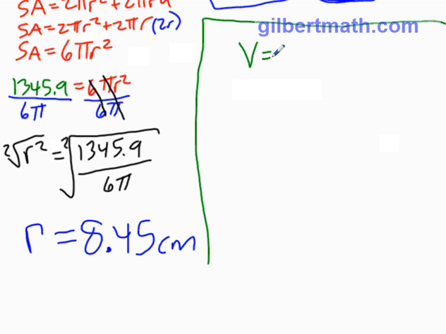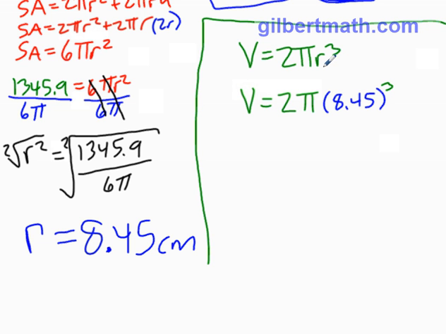I'm not going to review this again, but I'm just going to put right here 2 pi r cubed because that is the volume of an optimized cylinder. Again, go back in your notes, go back in the last video, find it somewhere if you don't understand why that is. Right now I'm just plugging in the radius.